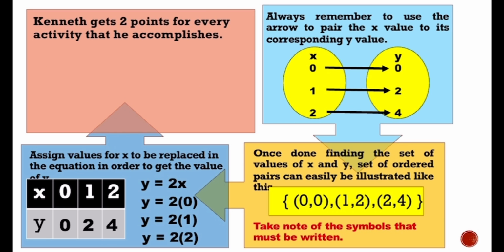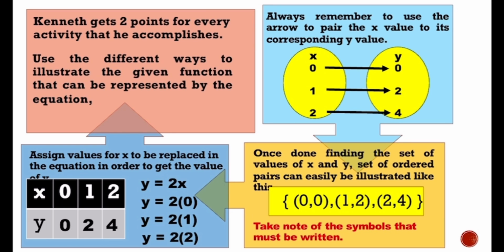We can use the different ways to illustrate the given function that can be represented by the equation. For example, Kenneth gets 2 points for every activity that he accomplishes. If we rewrite that in an equation, that is y equals 2x.